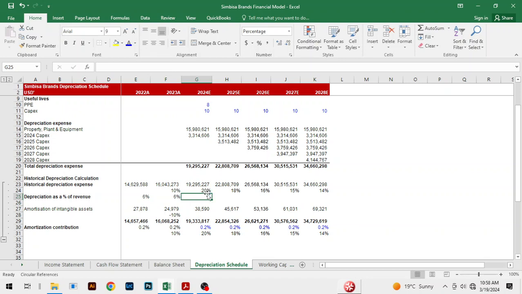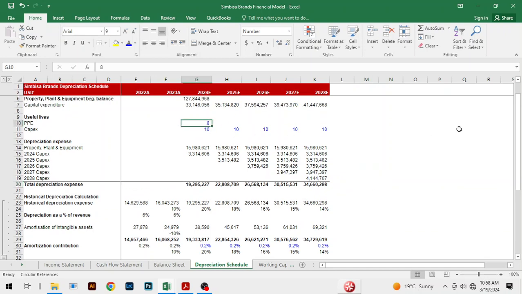Which means since it's at 6%, I can actually make it 6% throughout here, just for consistency. Mind you, this is just us trying to find a near realistic projection, right? So here we are saying that this is too high because look at that, it has grown by 20%.